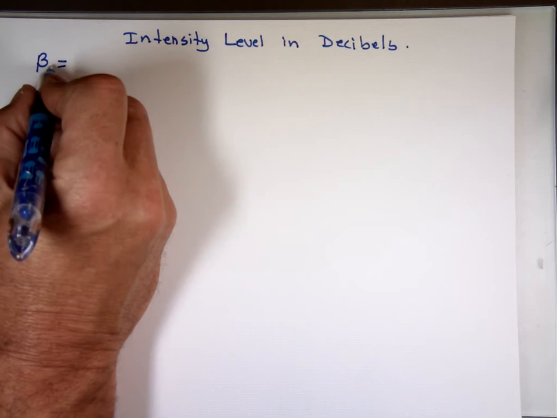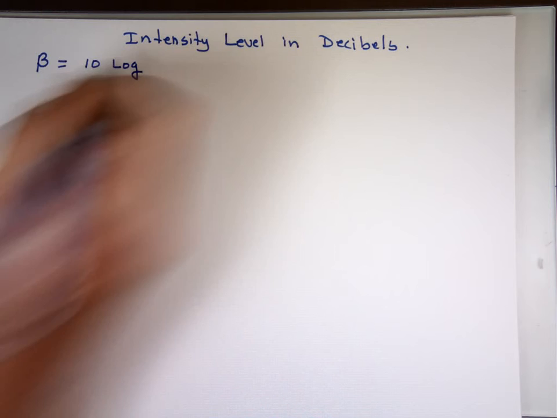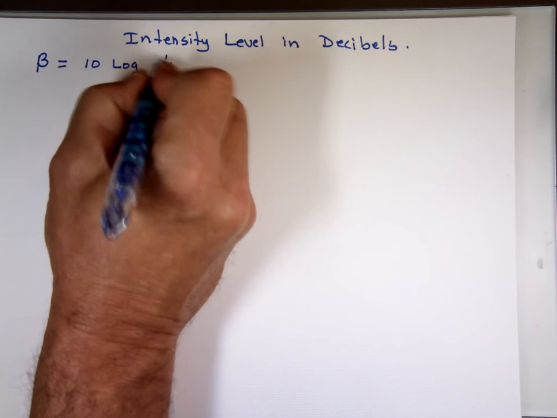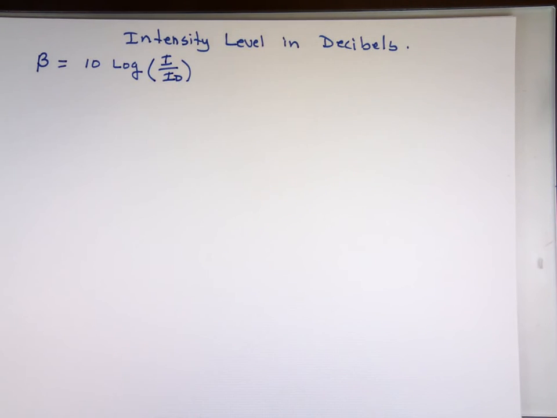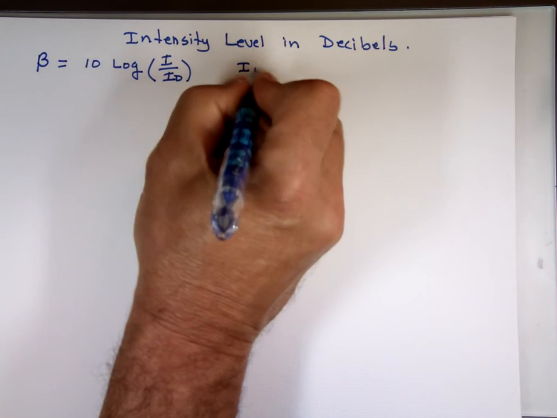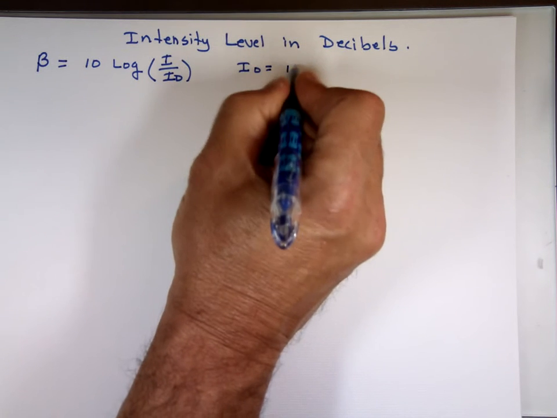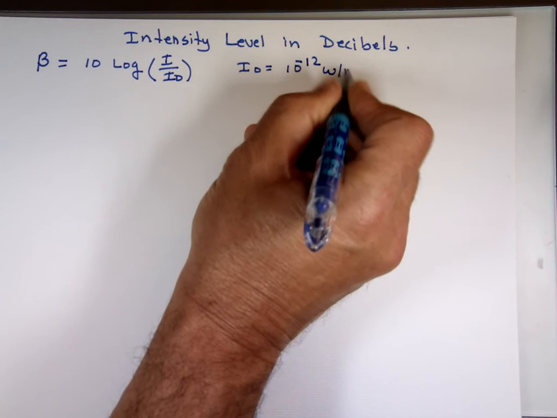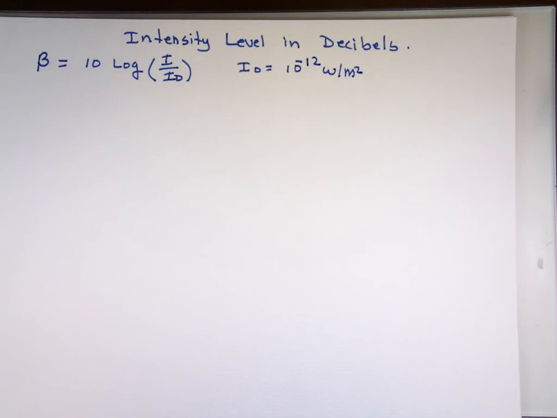So beta equals 10 times the log of I over I sub 0, and I sub 0 happens to be 10 to the negative 12 watts per meter squared. That's the threshold intensity, which is 10 to the negative 12. That's really what I sub 0 is.